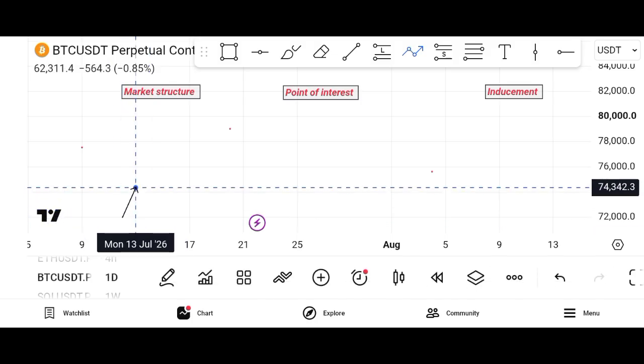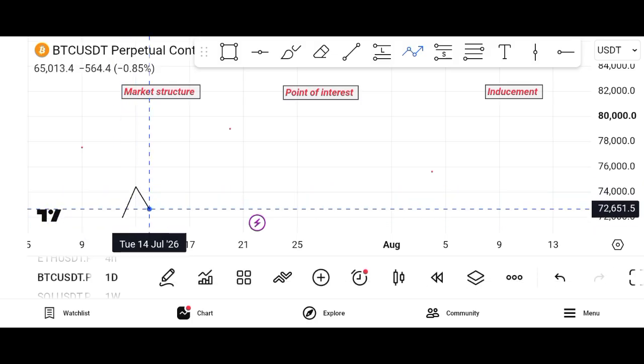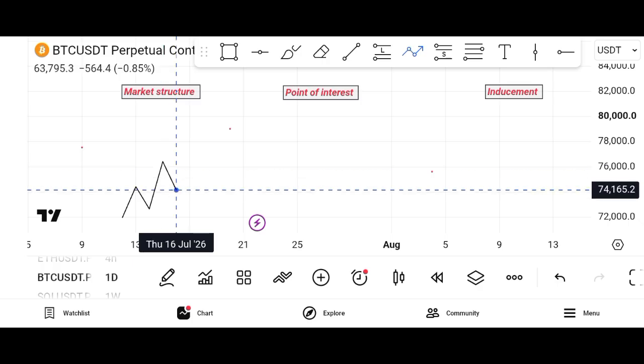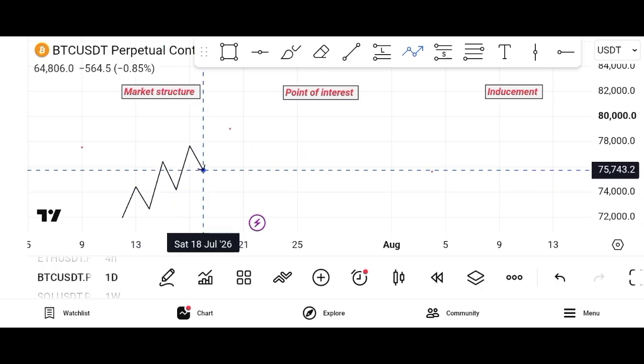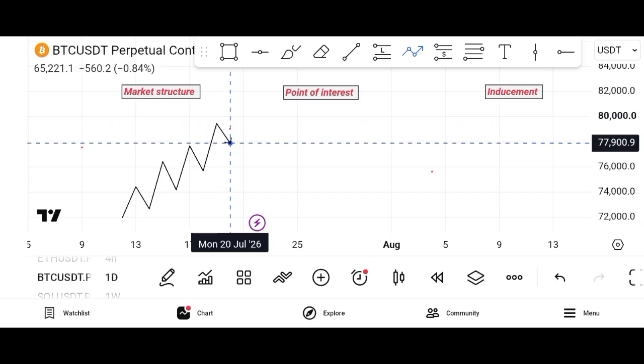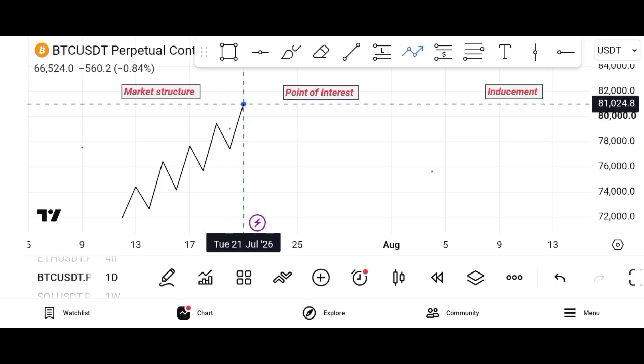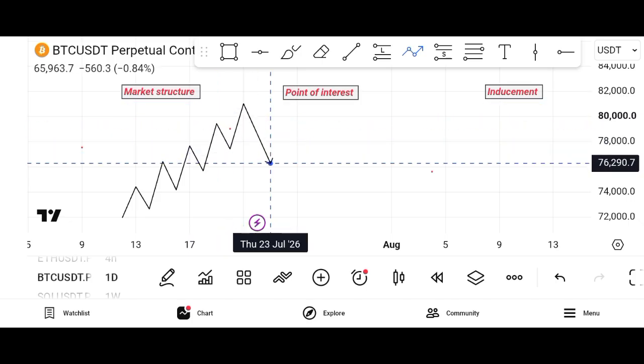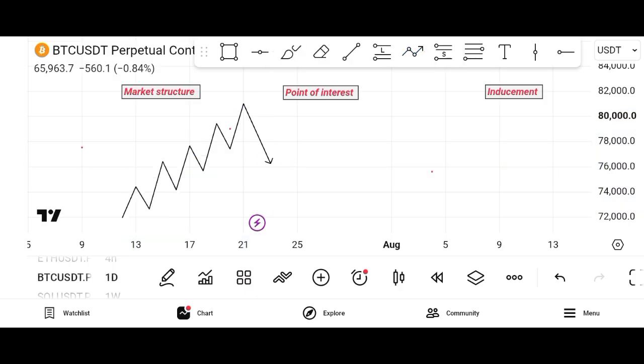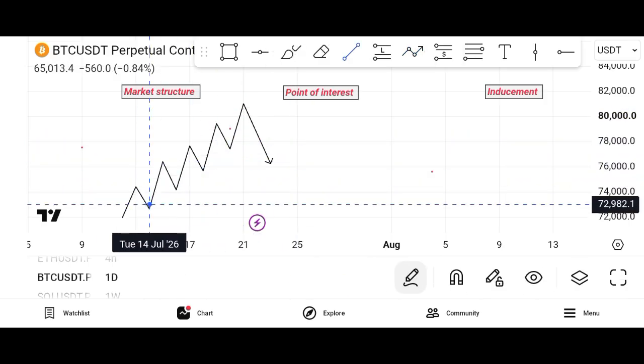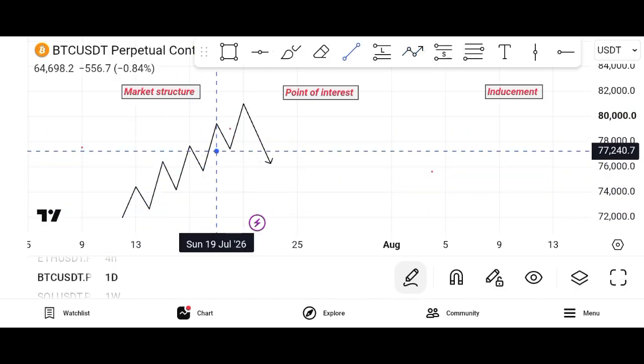So let's say we have higher highs, higher lows, higher highs, higher lows, higher highs, higher lows, which is identifying an uptrending market here. Higher highs, higher lows, higher highs. Then all of a sudden we have this.